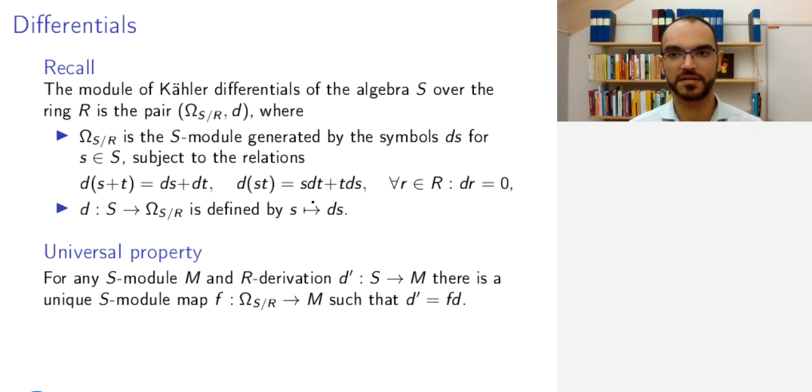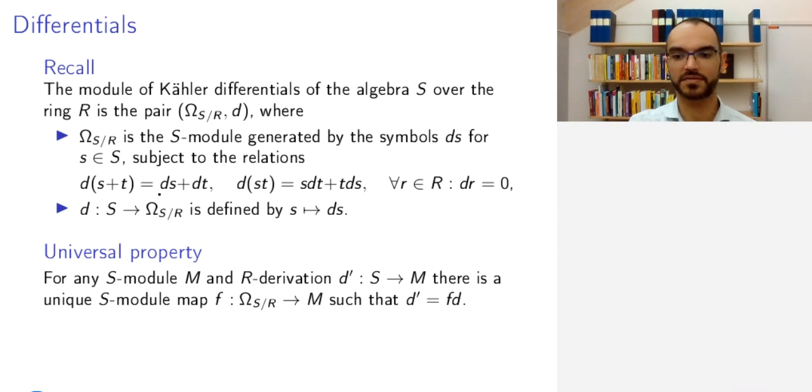It can also be defined, after proving that it exists, by the universal property that for any S-module M and R-derivation d' from S to M, there is a unique S-module map from Omega_{S/R} to M such that d' factors through this universal derivation d.